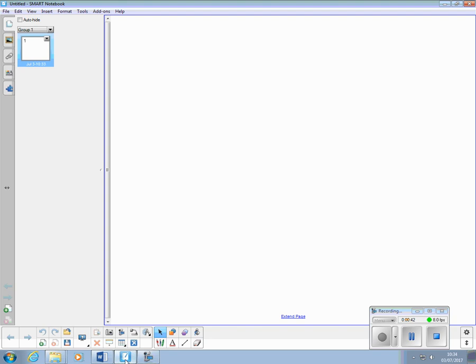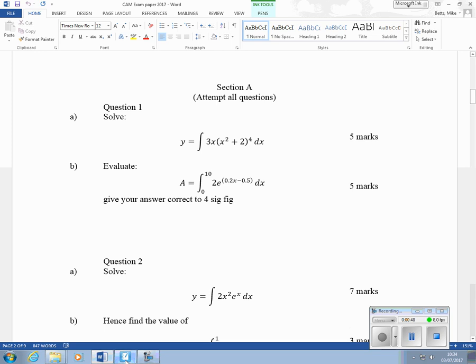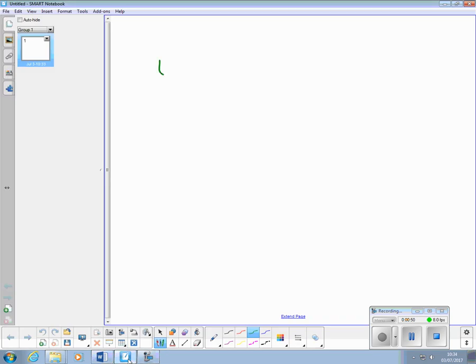y is equal to the integral of x brackets x squared plus 2 raised to the power 4 dx. And that's about what method you use.